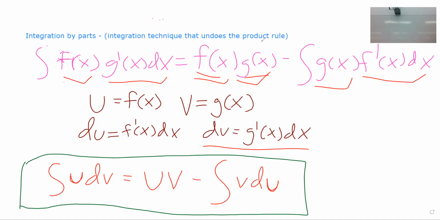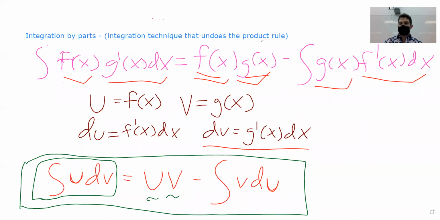So how is this going to work? What's going to happen is you're going to be presented with an integral that looks like something on the left: some function u times a derivative of another function. And then what you'll do moving forward is reduce this problem according to the variables u, v, and then ultimately v and du. Okay.